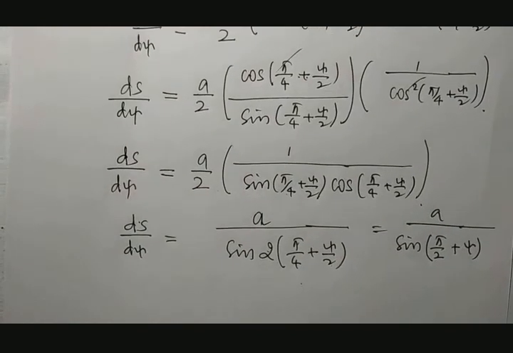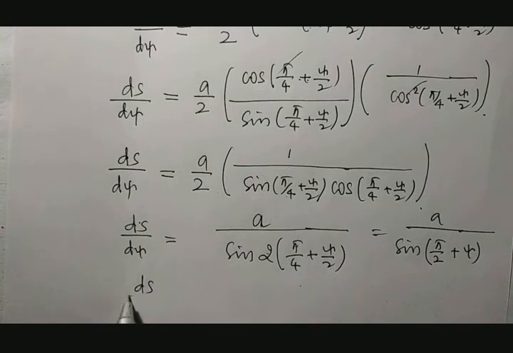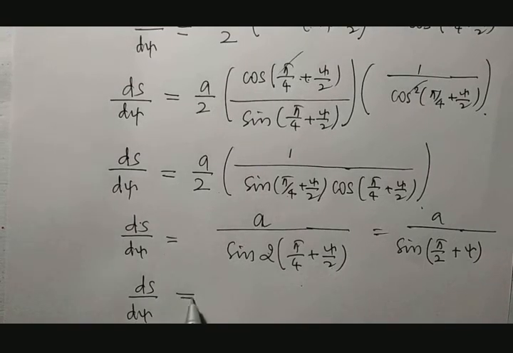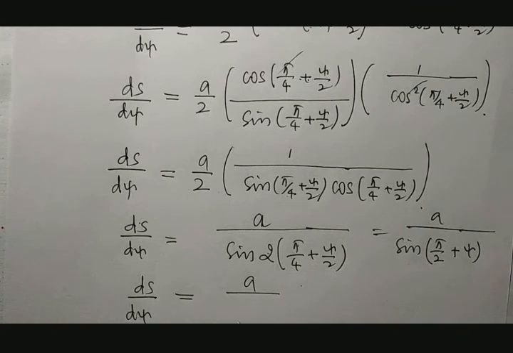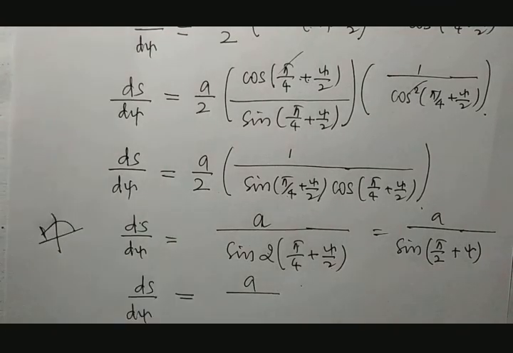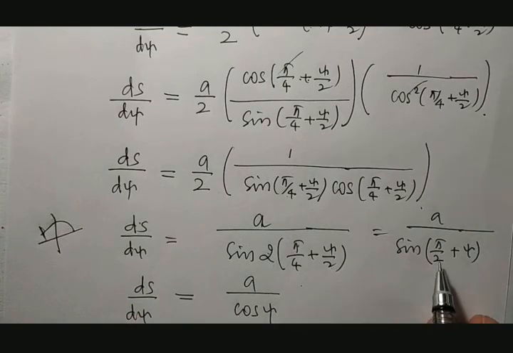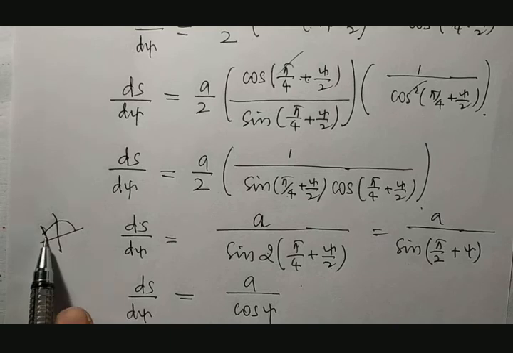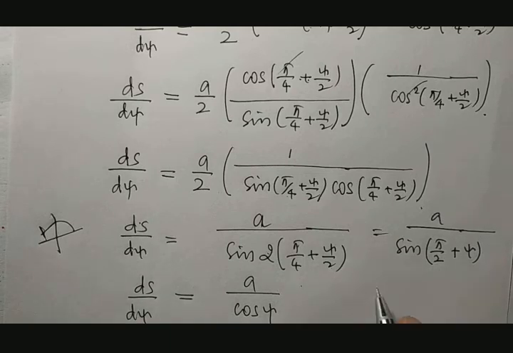Fine. Therefore, ds/dψ is equal to a divided by sin(90° + ψ). Sin of 90 plus means second quadrant, so sine becomes cos ψ. Positive or negative? Positive, because in the second quadrant sine is positive.